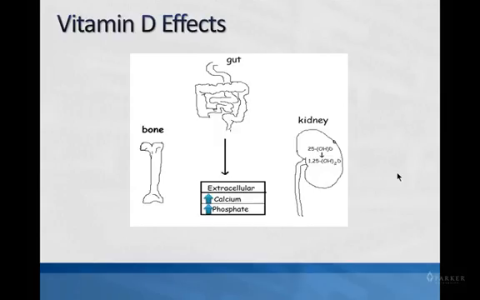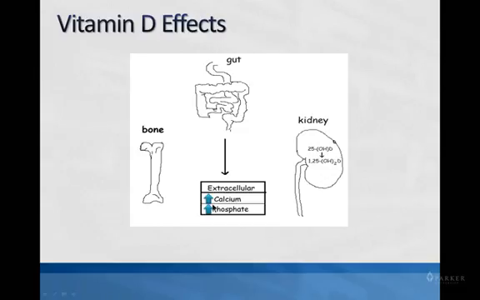In the GI tract, as you saw earlier, it increases calcium binding proteins and the calcium pump. It allows us to increase the absorption of calcium, but it also increases phosphate absorption. Calcium is kind of a mediator for phosphate absorption. You can think again, opposites attract. So in the GI tract, it increases both calcium and phosphate absorption.